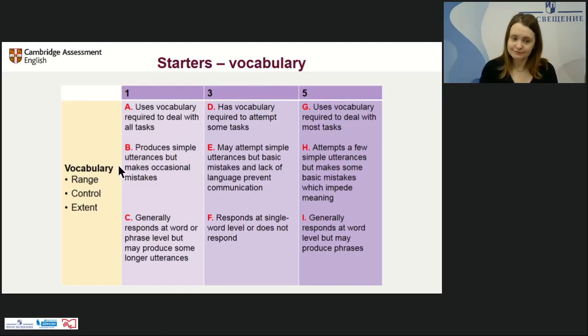So vocabulary is assessed according to the range, control, and extent here. And I would like you to read through all these descriptions and tell me what is wrong. So put them into correct places. What should be in 1, what should be in 3, and what should be in 5? Just the letters, please.